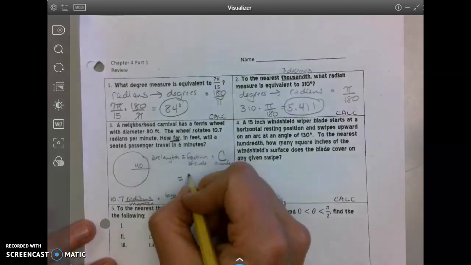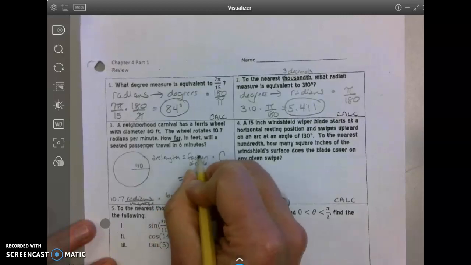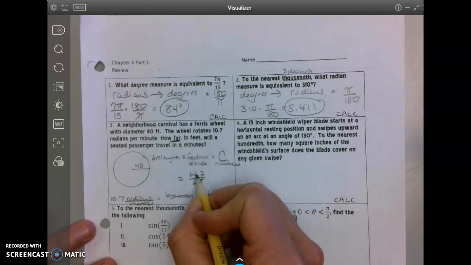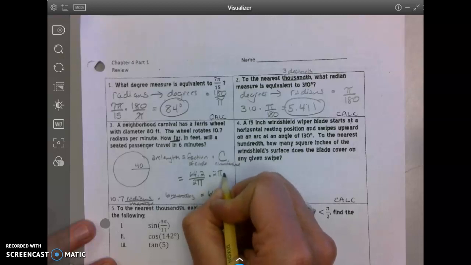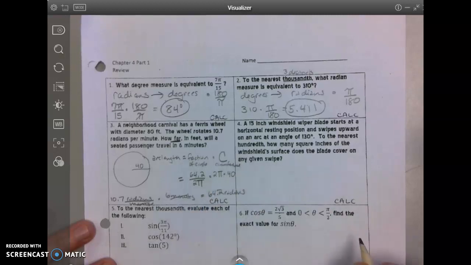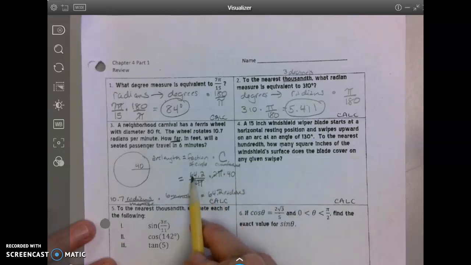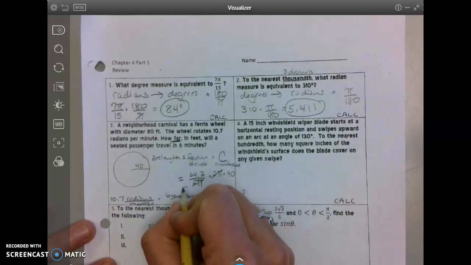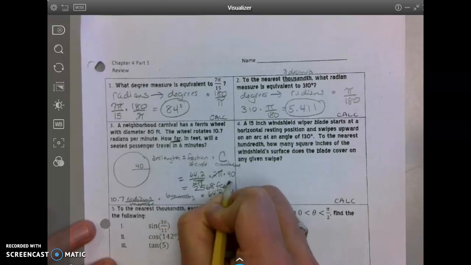Okay, so 64.2 radians out of 2 pi. It's a fraction of the circle. The whole circle is 2 pi, and I have 64.2 out of 2 pi times circumference. Circumference is 2 pi times the radius of 40. The 2 pi's cancel, and I'm simply going to take 64.2 times 40, and when I do that, I get 2,568 feet.